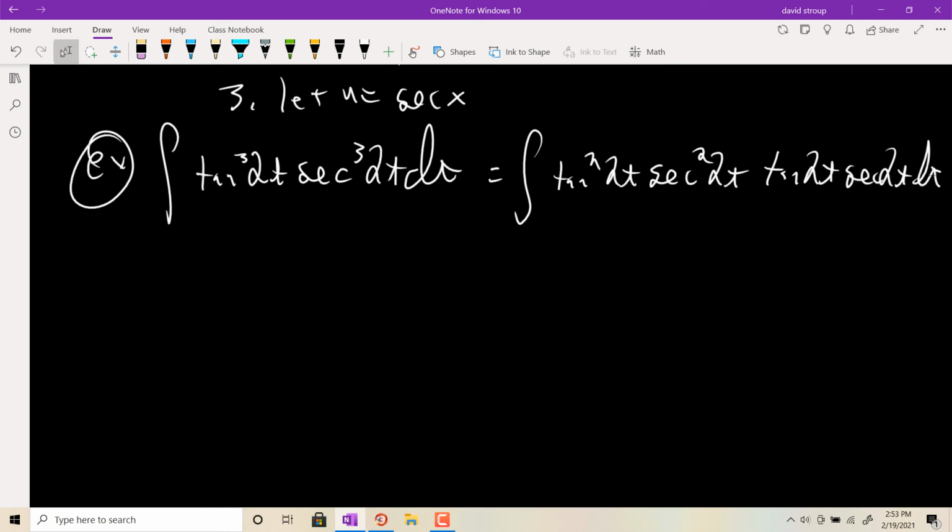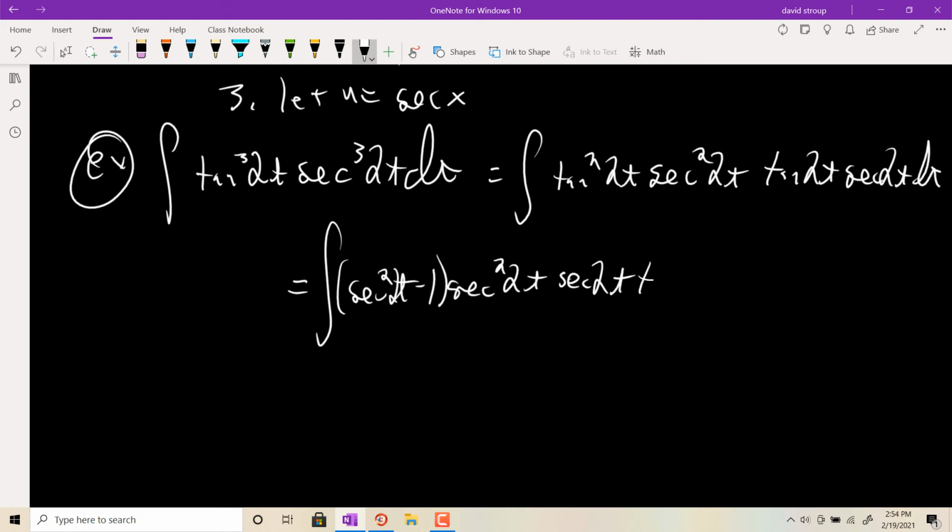And then we're converting the leftovers to secants. So we'll have secant squared 2t minus 1 times secant squared 2t, times, let me rewrite the secant in front, we're used to seeing it like that, tan 2t dt.